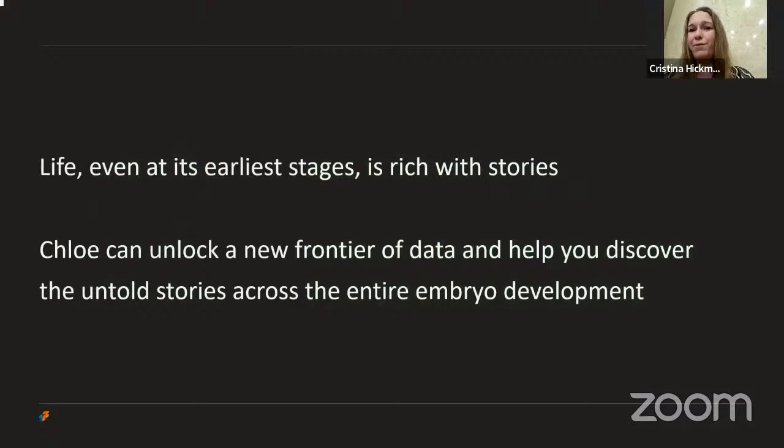So life, even in its earlier stages, is rich with a lot of stories. We have a lot of information that comes from the embryos, and I'm going to show you a few examples of some of these stories. Chloe can help us unlock a whole new frontier of information that comes from the data to help us discover the untold stories across the entire embryo development.